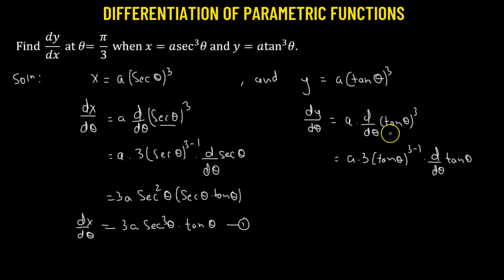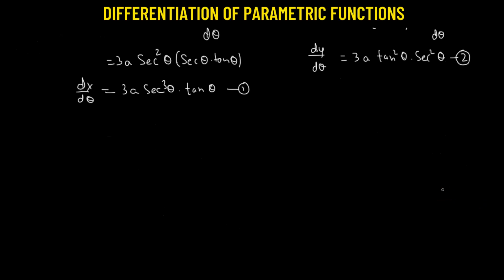Here we have used the chain rule because we have tangent of theta here instead of theta. So this is going to give us 3a multiplied by tangent squared theta, and the derivative of the tangent function gives us secant squared theta. So we have obtained the derivative of y with respect to theta as well, and this is given by 3a tangent squared theta times secant squared theta. We're going to label this as equation number 2.